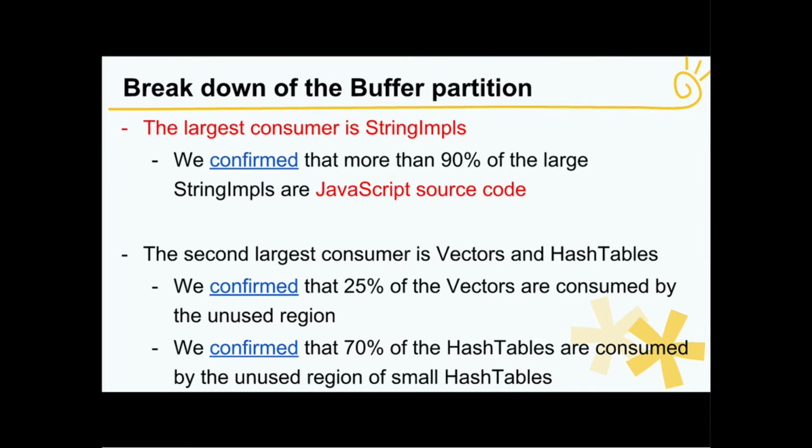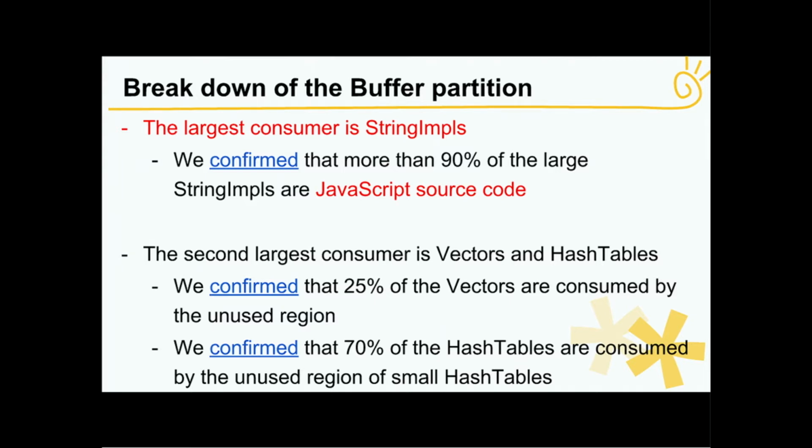And the second largest consumer is vectors and hash tables. We confirmed that 25% of the vectors are consumed by the unused region between size and capacity. This makes sense because the expansion factor of vector is 1.25. So 25% of vectors are consumed by the trailing unused region.